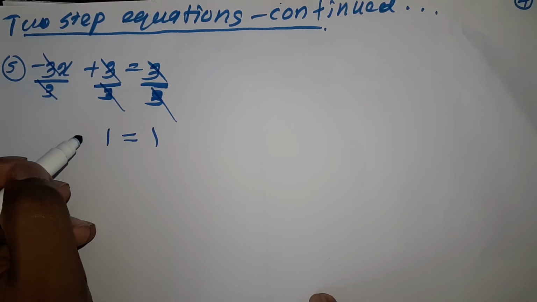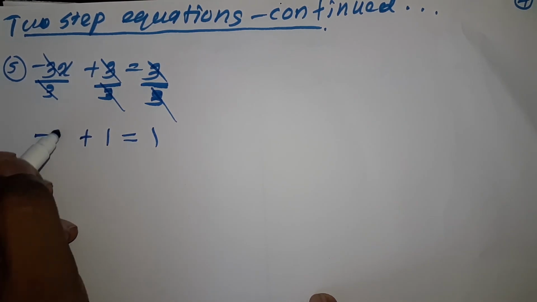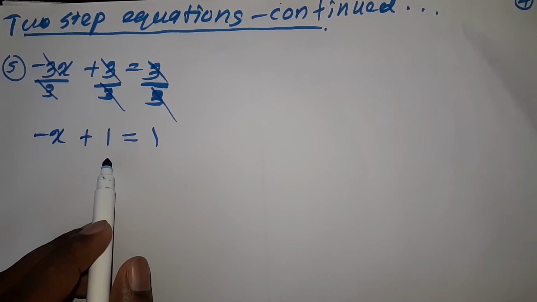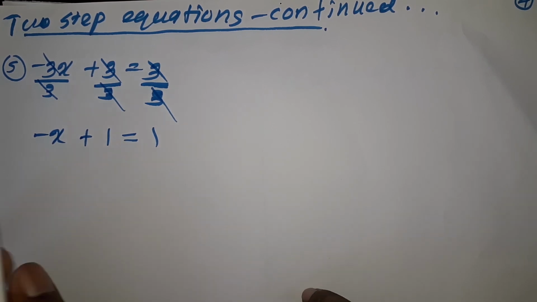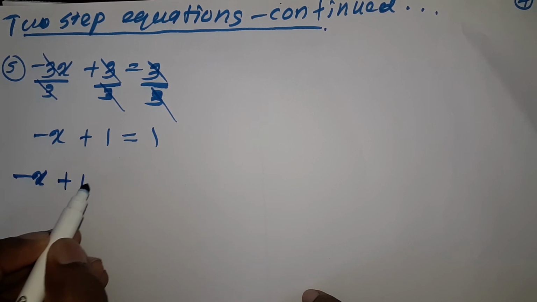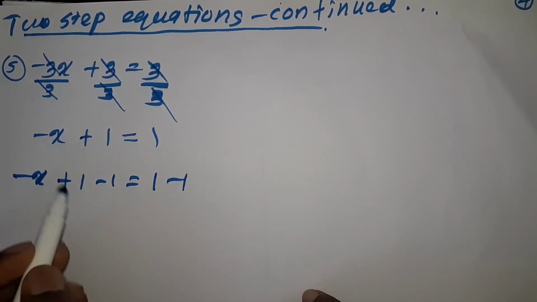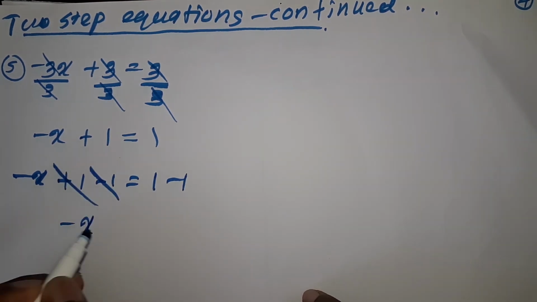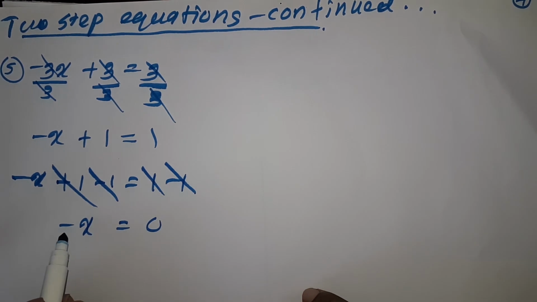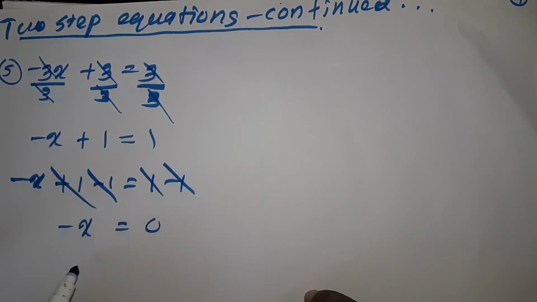So 1 plus minus x equals 1. To get rid of 1, I'll add minus 1 to both sides. So minus x plus 1 minus 1 equals 1 minus 1. So minus x equals 0. And if I multiply both sides by minus 1, I can make sure that x is positive, x equals 0.